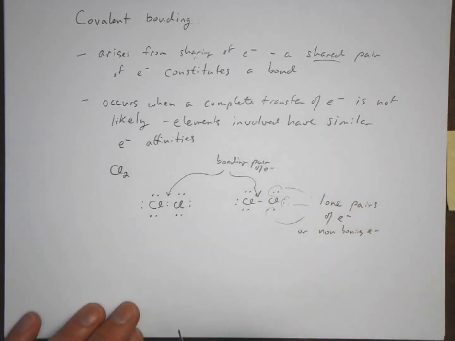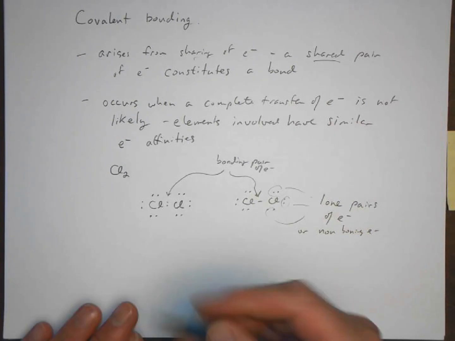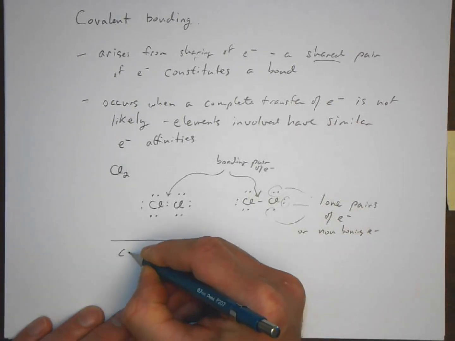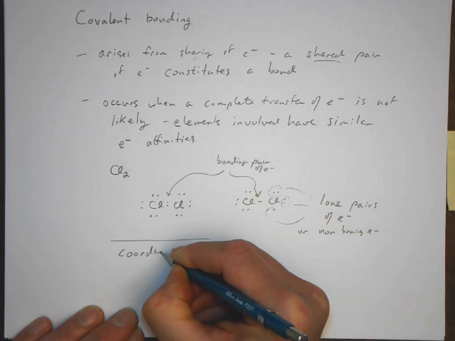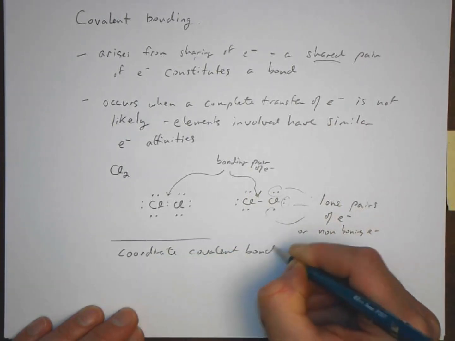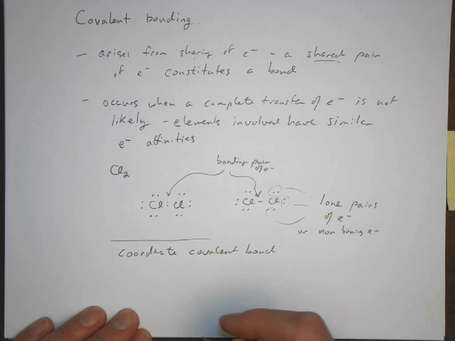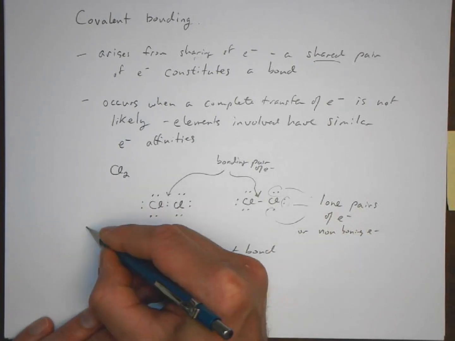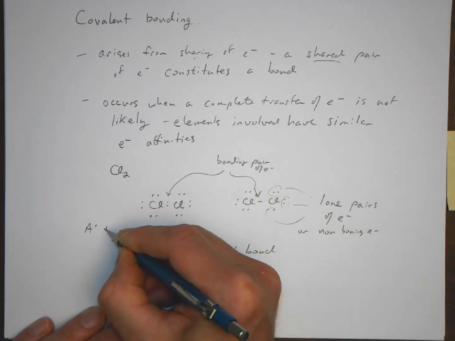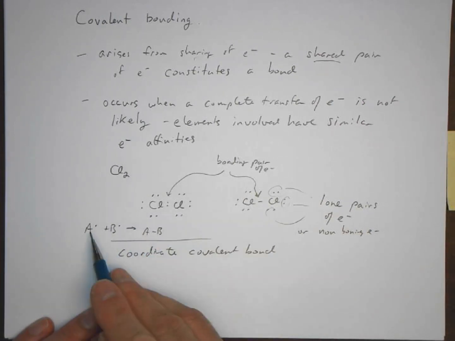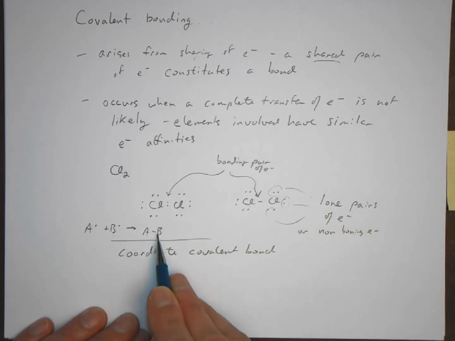There's also, almost as an aside, something called a coordinate covalent bond. What's happening up here with chlorine is we have each one of the atoms bringing an electron to the table to form the bond.